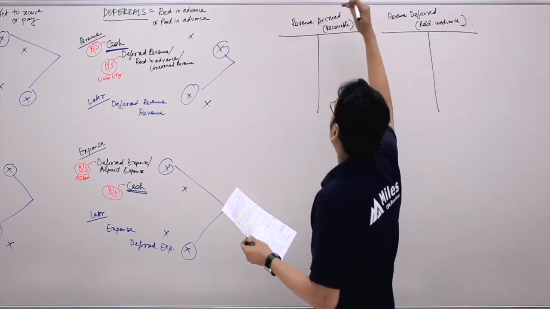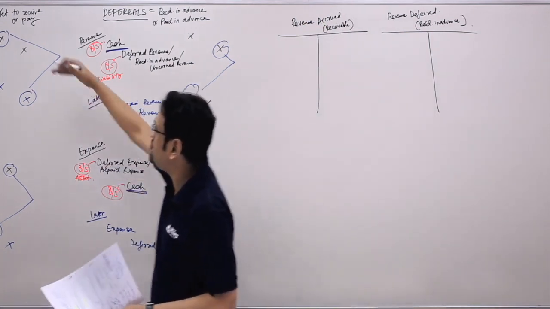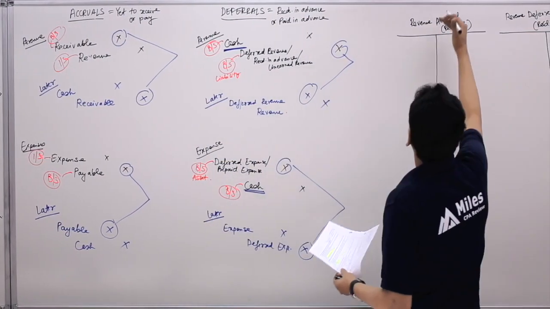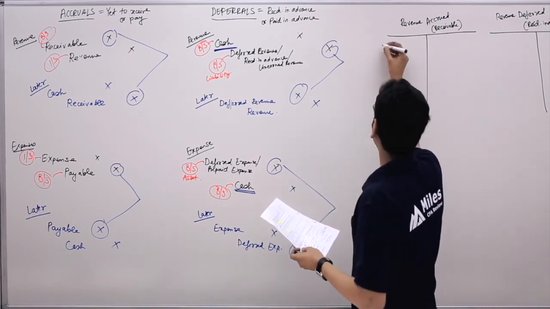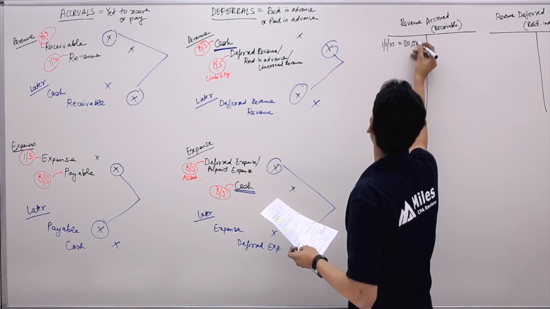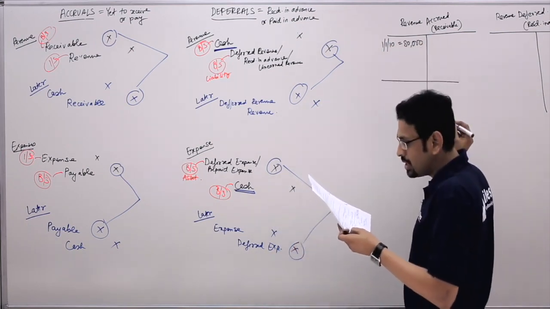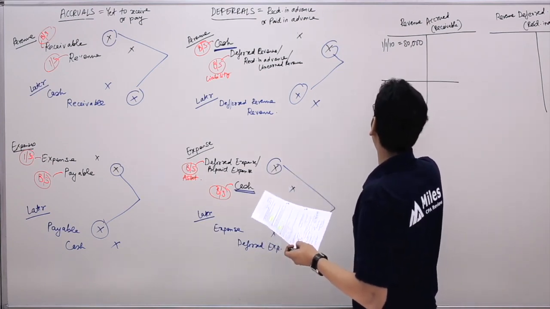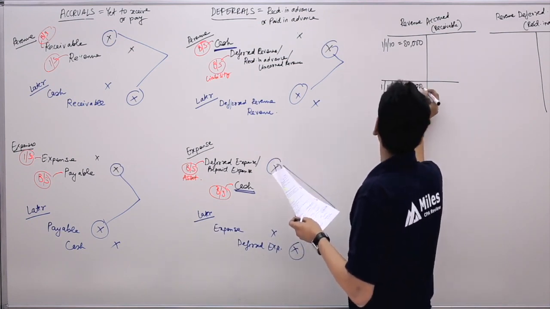Now revenue accrued or receivable, that's an asset, that's a debit account. So look at it, receivable to revenue, that's a debit account, that's an asset. So the accrued revenue, the beginning balance as of 1/1/2010, that's $80,000. That's a debit. The closing balance, what they've given us is $75,000. So balance as of 1/1/11, the next year, that's $75,000.